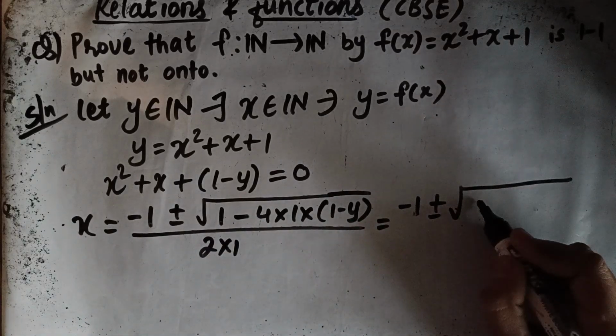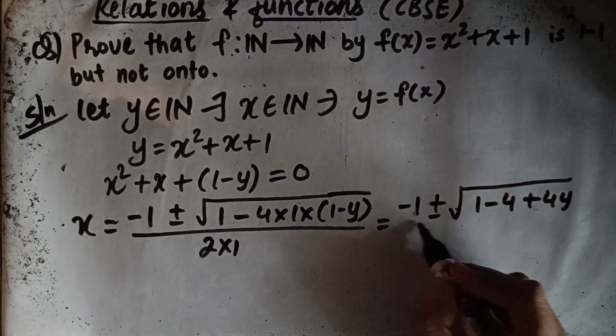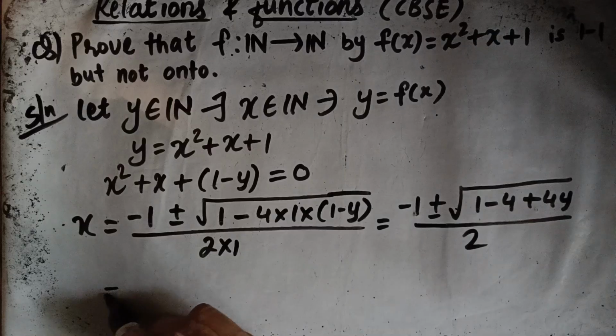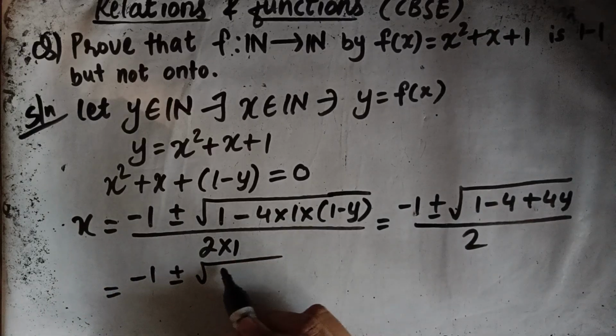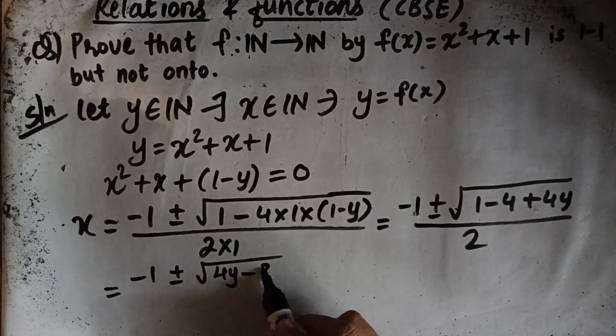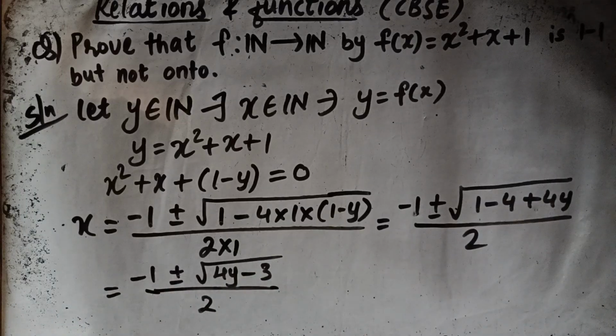So this is 1 minus 4 plus 4y. So we'll get minus 1 plus or minus root of 4y minus 3 upon 2. Now you have to check for the numbers. If you get a negative number, then this is not possible, right? Because x should be positive.